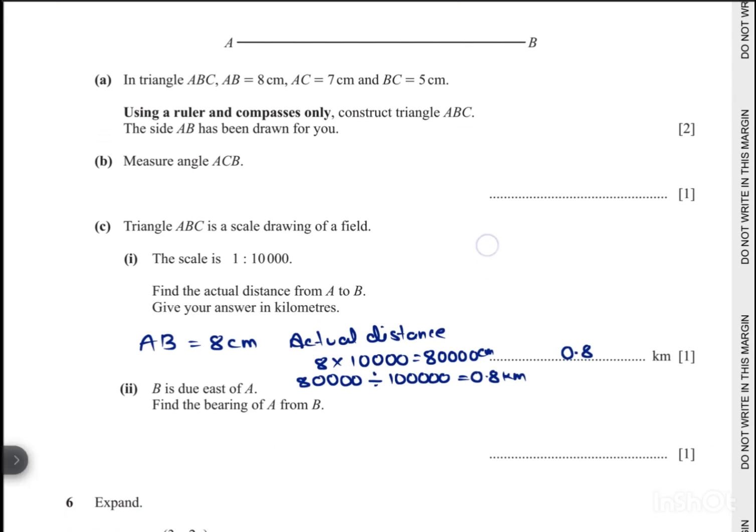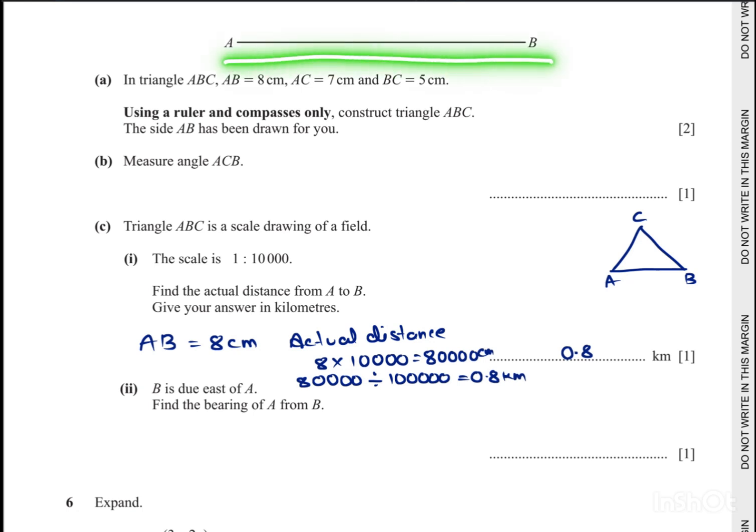Next question: B is due east of A. Find the bearing of A from B. Now if I draw a rough triangle like this, which is A, B and C, already AB is given in the question, so C will be here. Now we need to find the bearing of A from B. So for finding the bearing of A from B, let us draw a north line here at B. So this will be the angle.